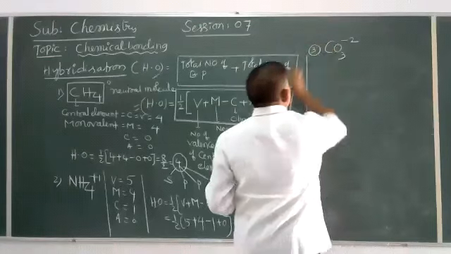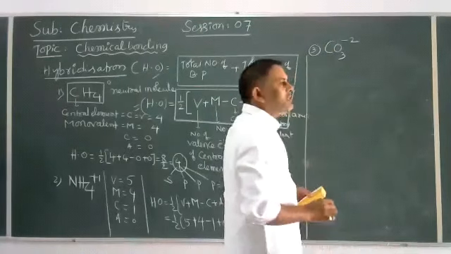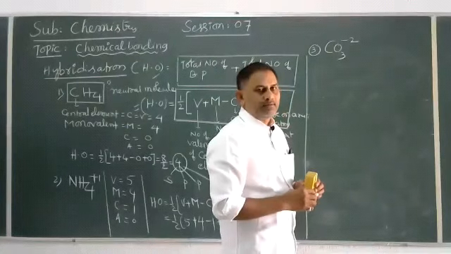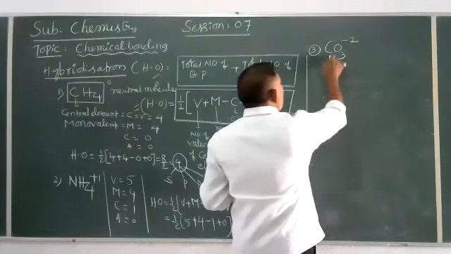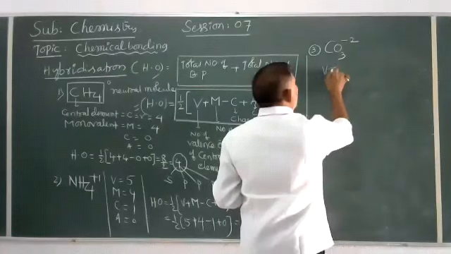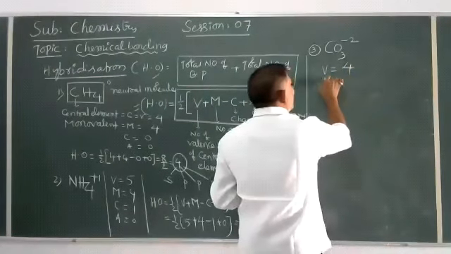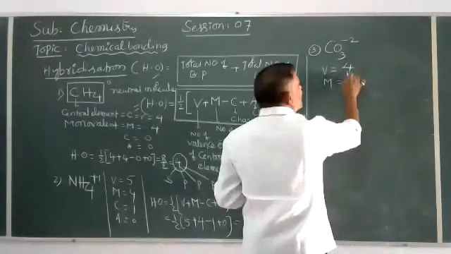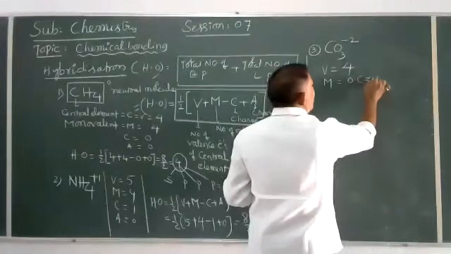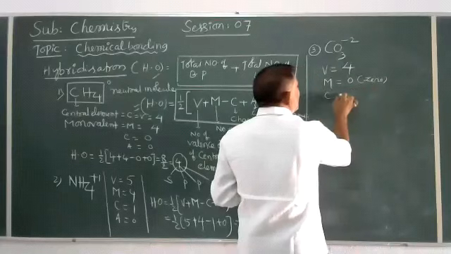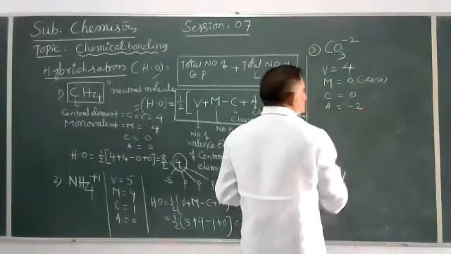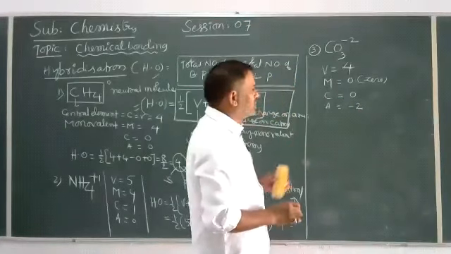In this third example, the central atom of the element is the less electronegative element, carbon. The number of valence electrons of carbon is 4. The monovalent atoms here are 0 because oxygen is divalent. The charge on the cation is 0, but the anion has a minus 2 charge.